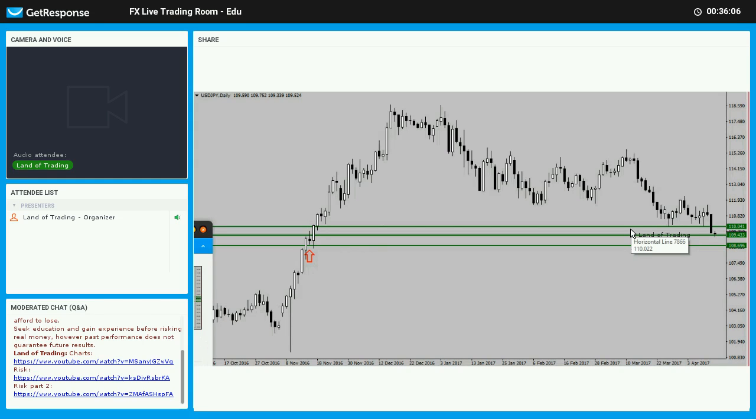But anyway, we are where we are here on dollar yen, and I would like to see the daily close back above 110.20, as a chance for a short squeeze.